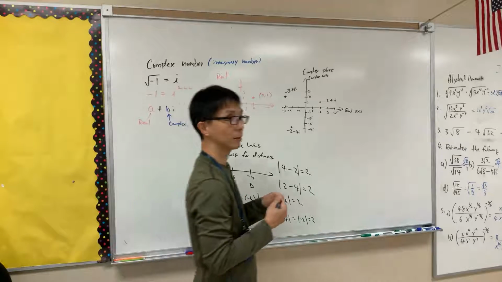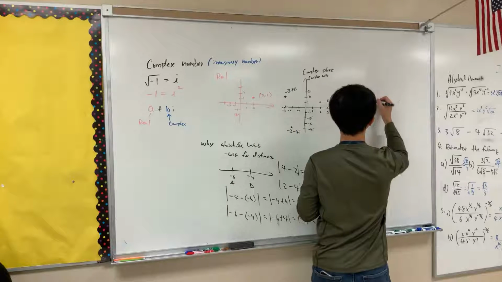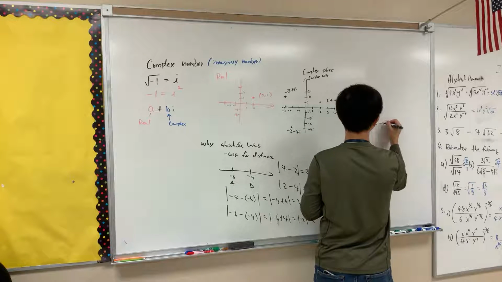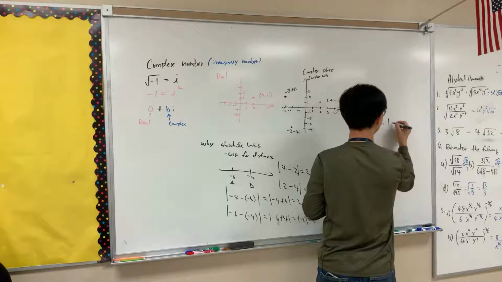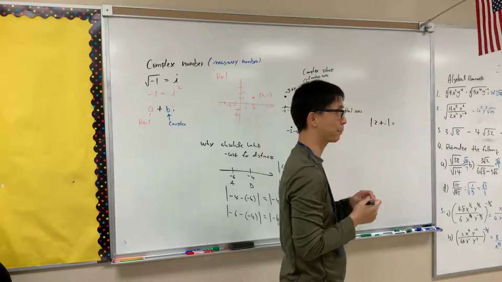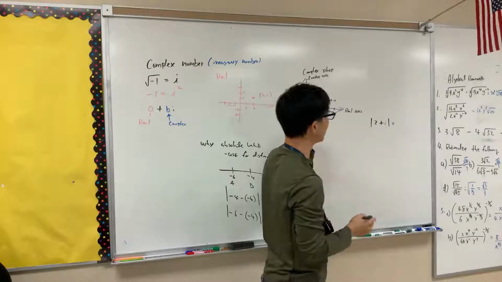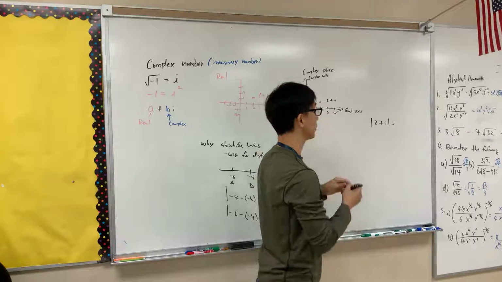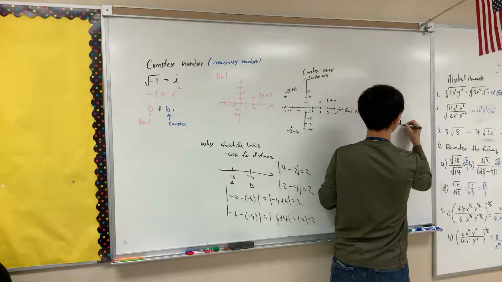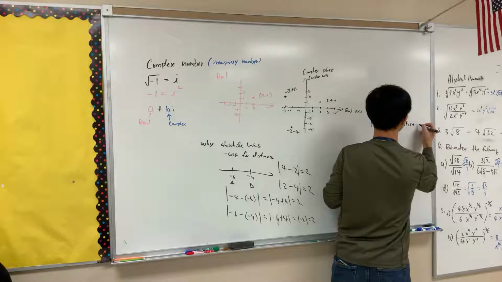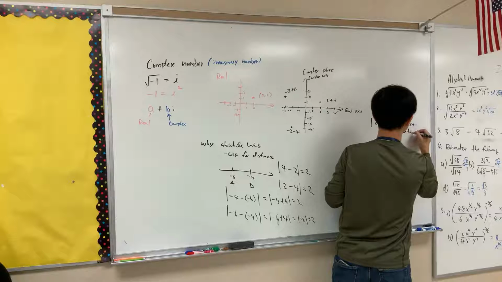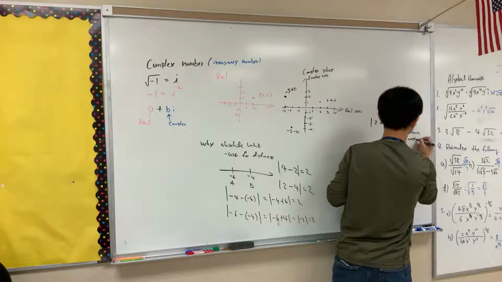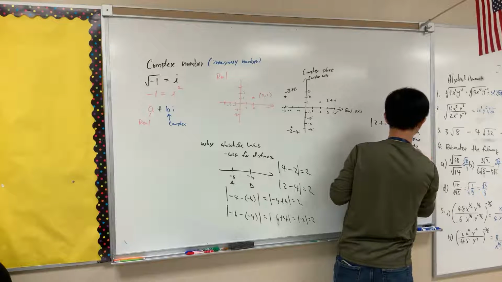But what is the distance of, we're going to talk about 2 plus i. This is modulus. Modulus is the distance between this coordinate and the origin. Okay? So the distance between the complex number and the origin.